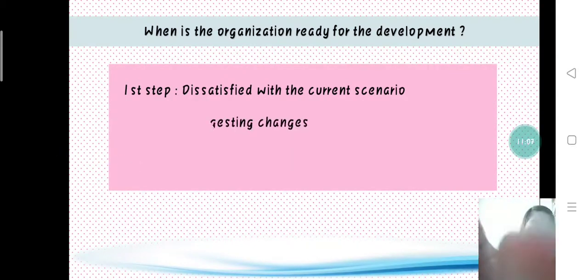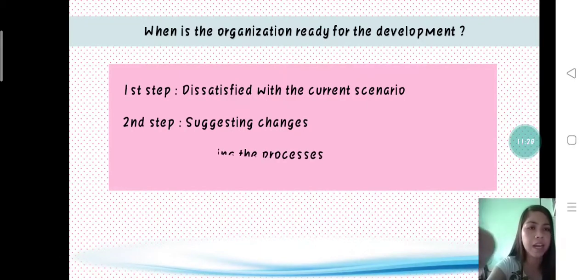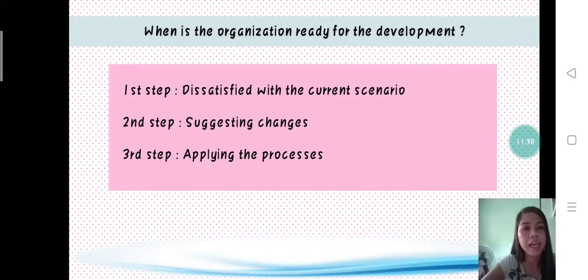Second step, we have suggesting changes. When we say suggesting changes, employees discuss among themselves the various options which would help the organization do better in the near future. So, mag-suggest og mga changes on how the organization will be developed. Next, the third and last step is applying the process.